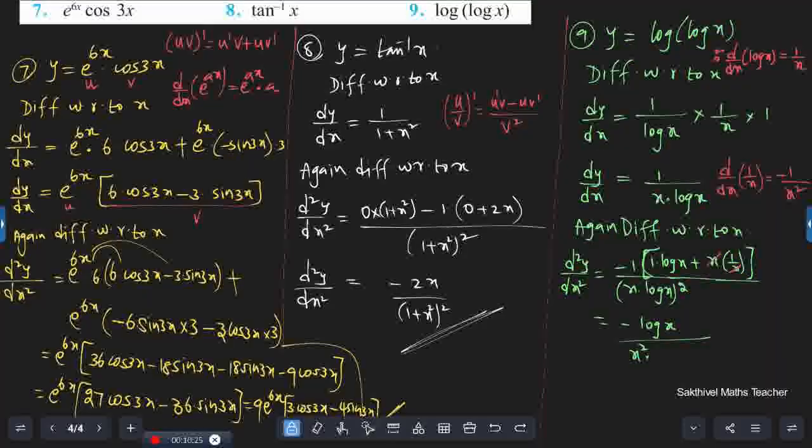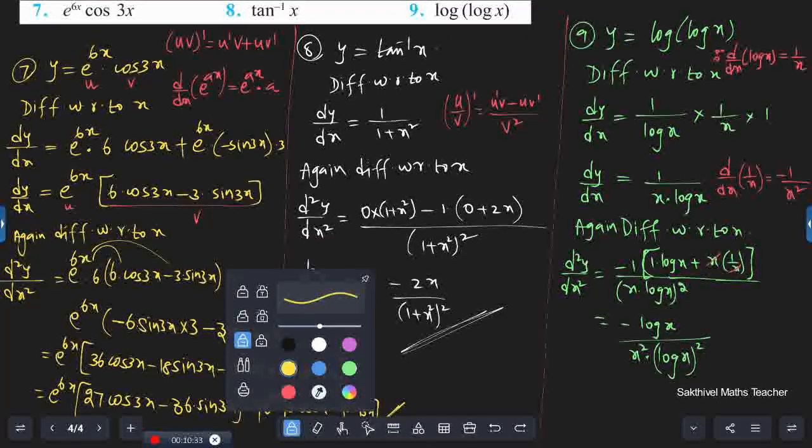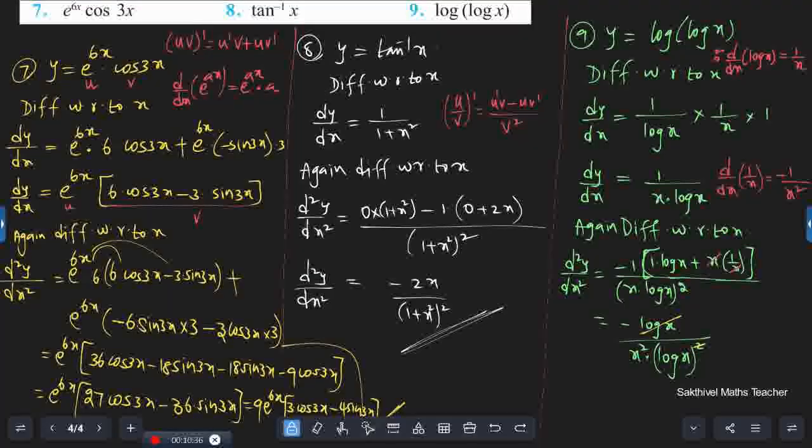So x square into log x whole square, and if one log x cancels, what is my answer? Minus 1 divided by x square into log x. That's it. Is it understood? So all of 7, 8, 9 are over. Next we will go. Before that, write fast.